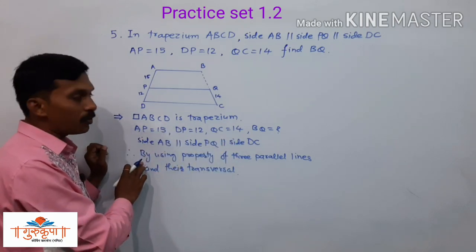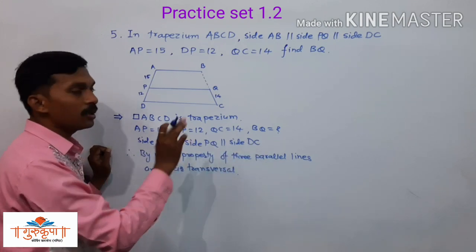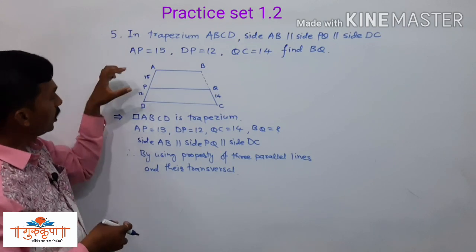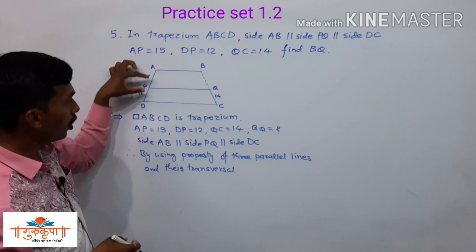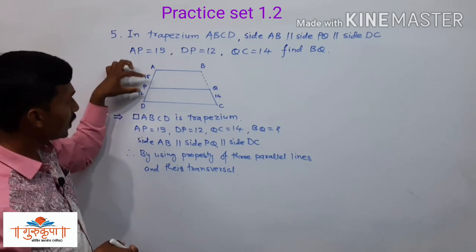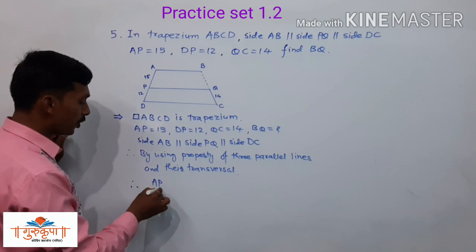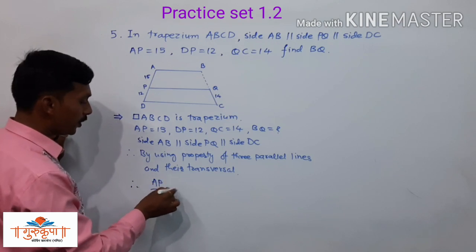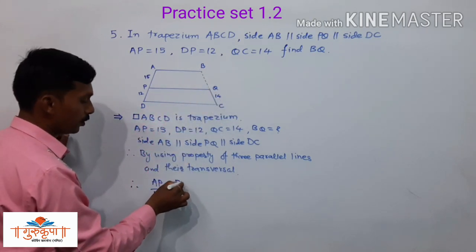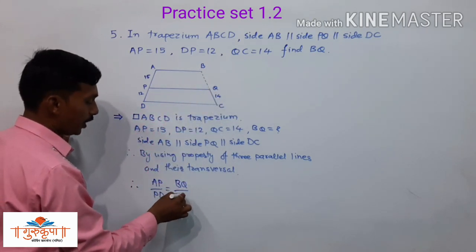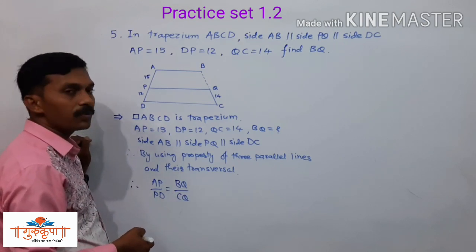Now we know that the ratio of the intercepts made on a transversal, AP upon PD, is equal to BQ upon CQ. Now we have to put in the values which we know, and find the remaining values.